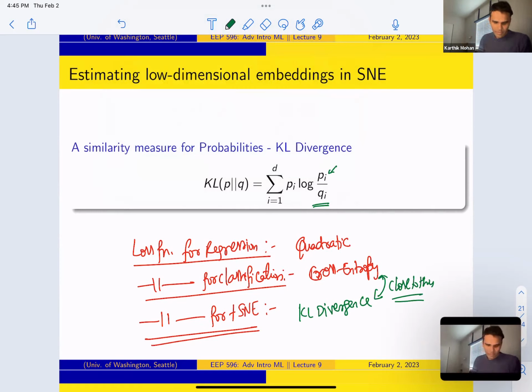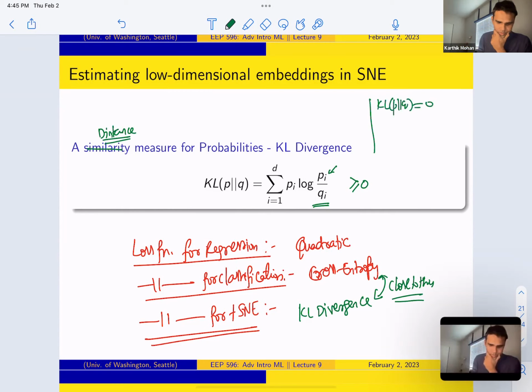But also it turns out that this function is non-negative. So it's actually a distance measure. So if KL divergence is 0, that means P and Q are exactly the same, right? So if KL(P||Q) equals 0, this implies P and Q are the same.